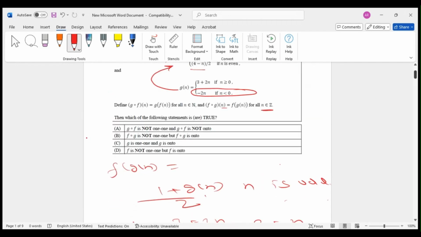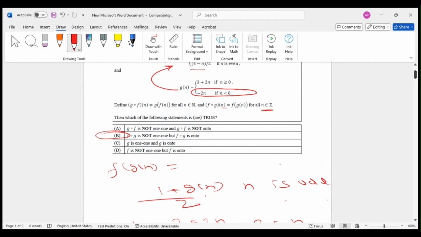So therefore option B is incorrect. Not one to one, and it also is not many to one. Therefore option B is incorrect. The function is not one to one.